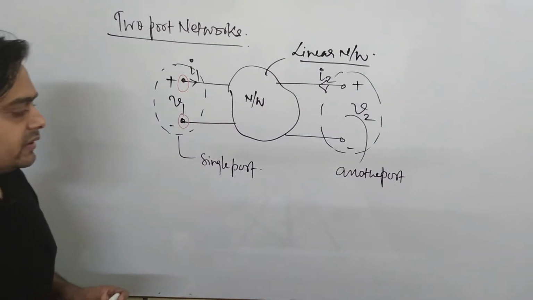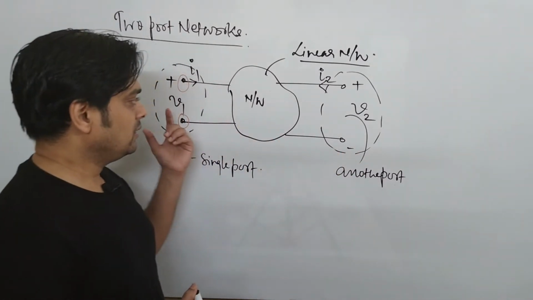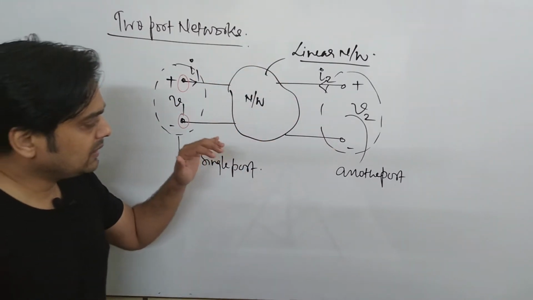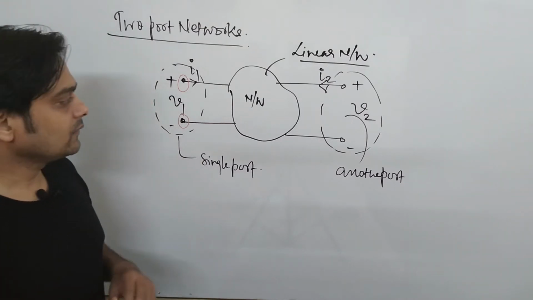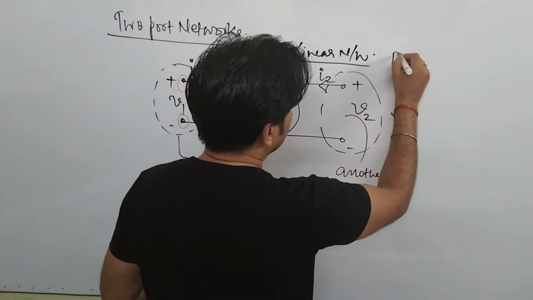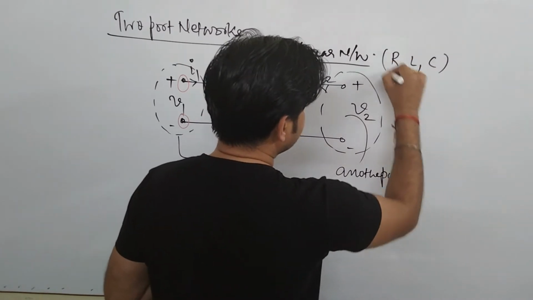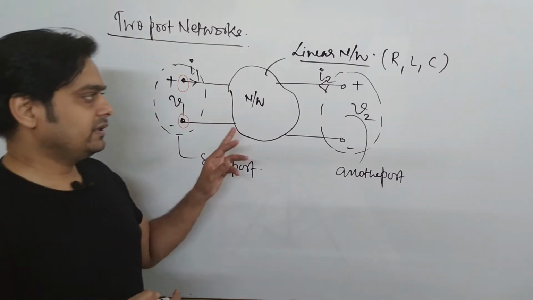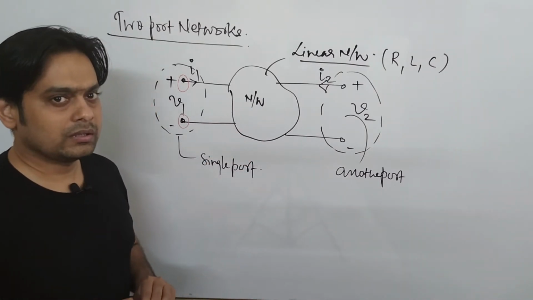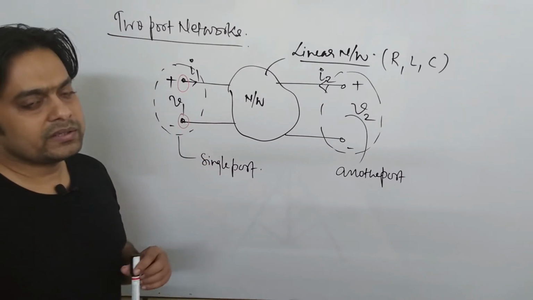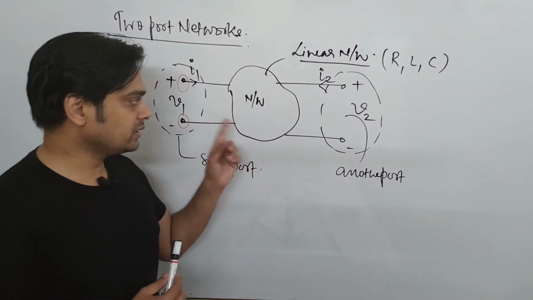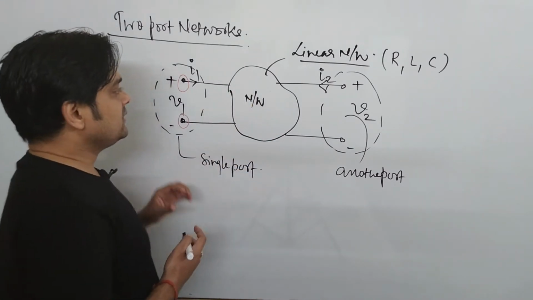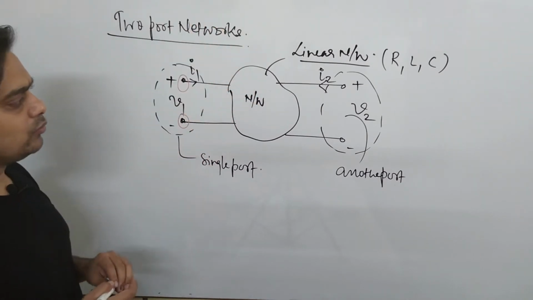So two-port networks are networks in which there are two ports as in this form, and this is a linear network consisting of R, L and C. Very important: it is a linear network consisting of R, L, C, but does not contain any independent sources. It only contains dependent sources. There are no independent sources in this network, otherwise the analysis is not possible. So this is a kind of network and it is referred to as a two-port network.